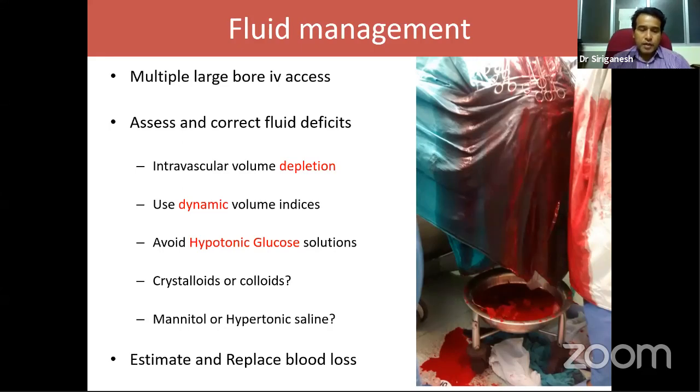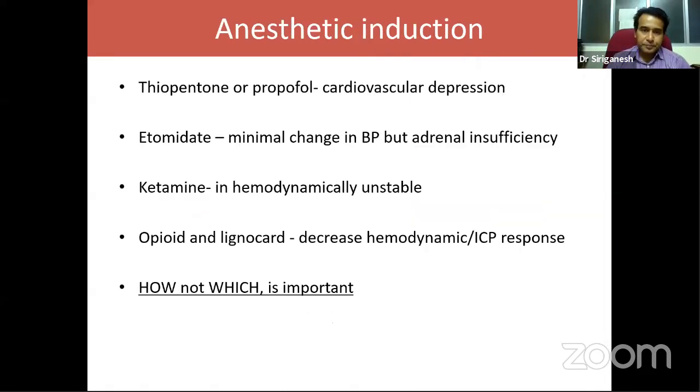But at this point of time, I want to inform that when there is hypovolemia or hypotension, mannitol should preferably be avoided. Hypertonic saline as a bolus and infusion is preferable. However, if there is hypernatremia, it's preferable to use mannitol in this situation. And the blood loss should be replaced because both anemia and hypotension can be disastrous to the injured brain.